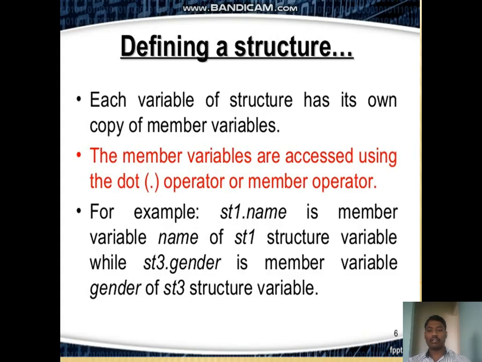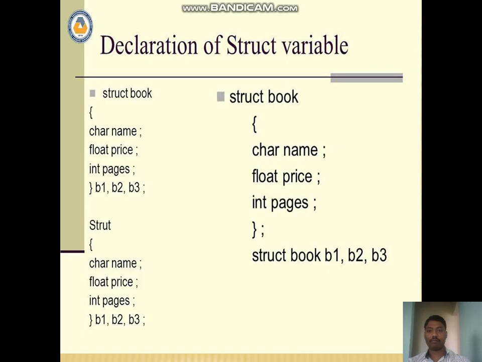Each variable of the structure has its own copy of the member variables. The member variables are accessed using the dot operator or the member operator. For example, student1.name is the member variable name of the student1 structure variable, while student3.gender is the member variable gender of the student3 structure variable.